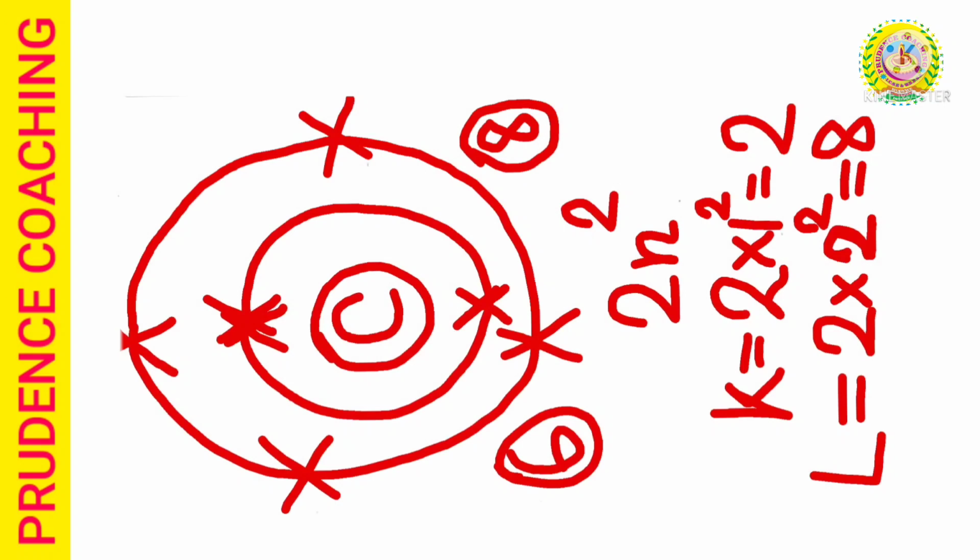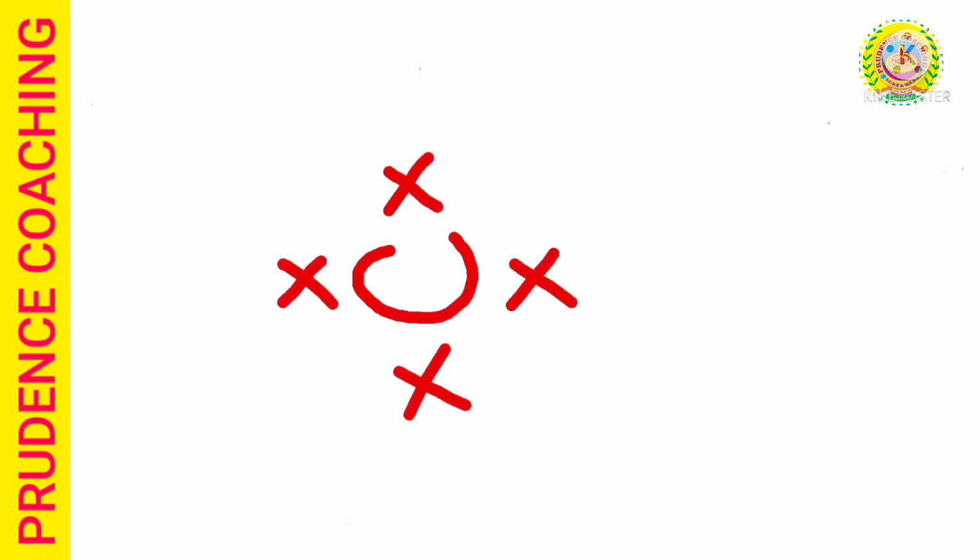It can share the electrons with other carbons to form the octet. So what can it do to attain the octet? It can share its 4 electrons in the outermost shell either with the other carbons or other atoms of other elements. So to be stable, it has to attain the octet.